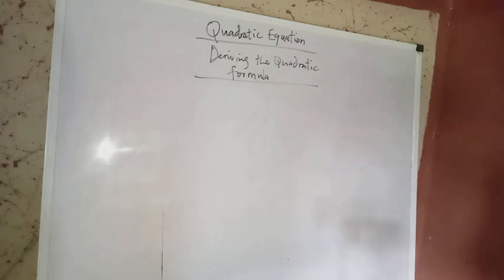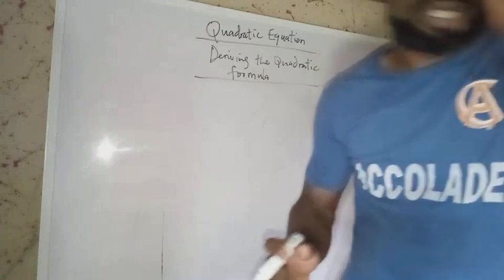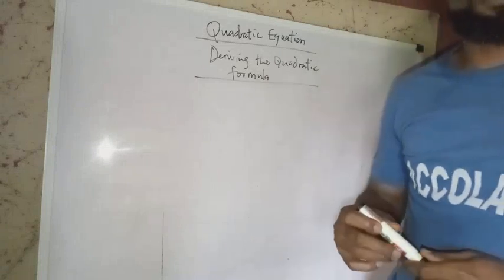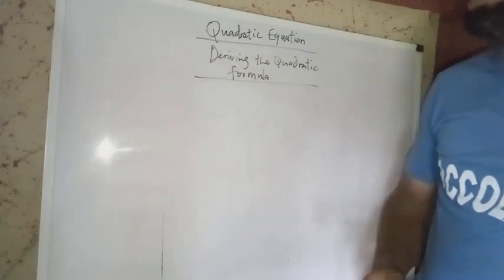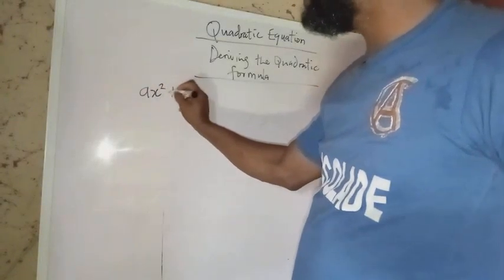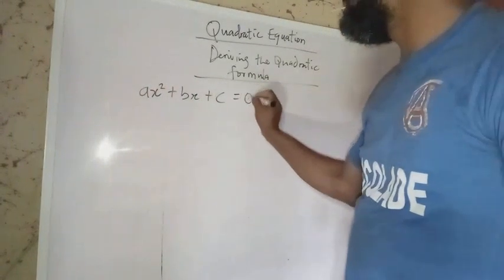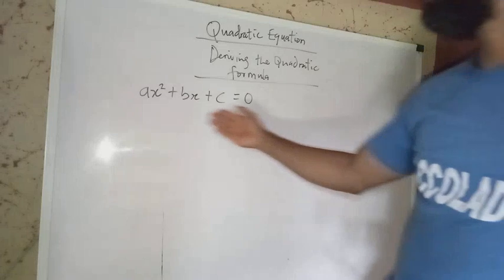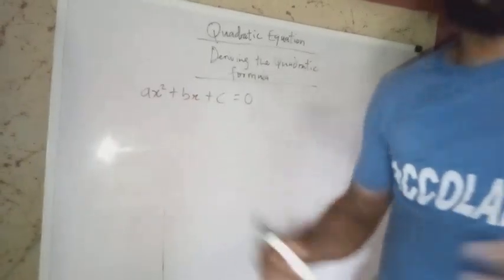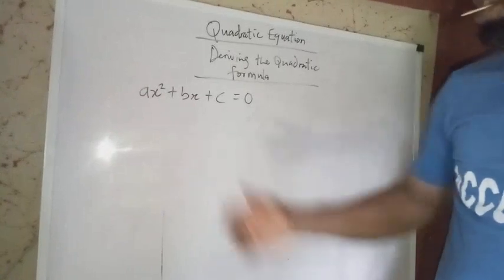Okay, so to start with, we have the general form of a quadratic equation, right? The general form of a quadratic equation is ax squared plus bx plus c equals 0. I made a video where I explained something about this, so you can also look it up.